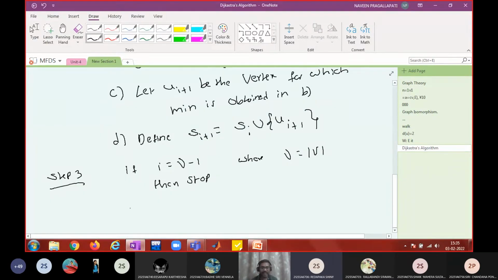Otherwise, go to step 2 with Si plus 1. This is the algorithm.